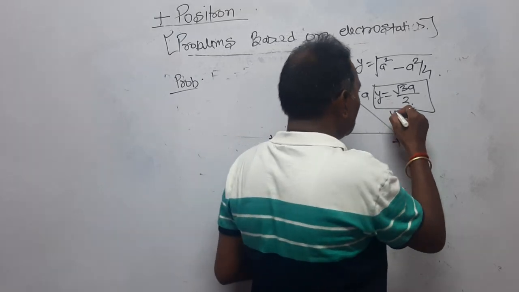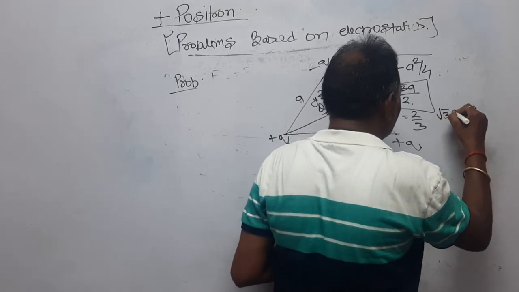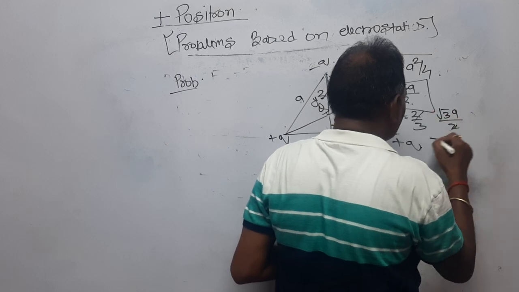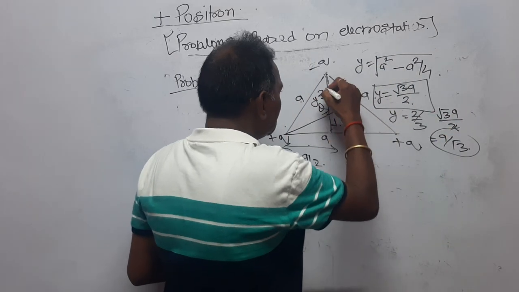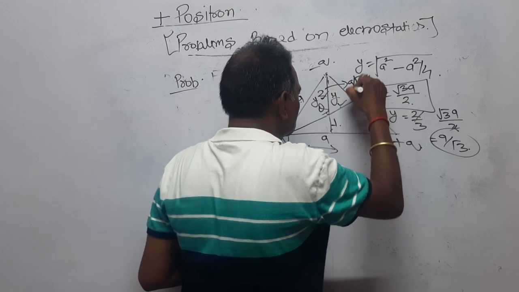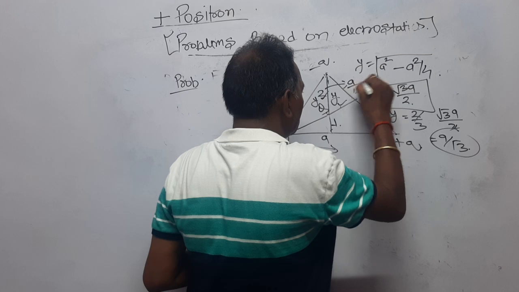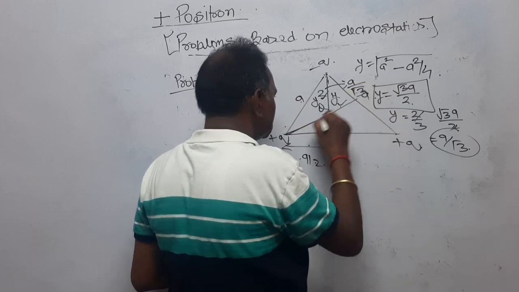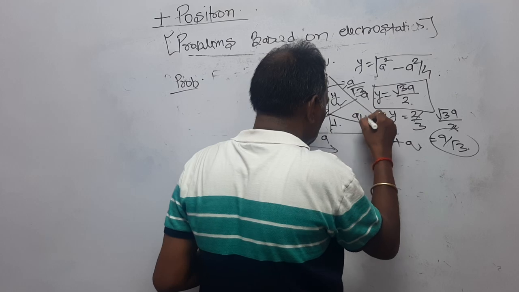That is y1 is equal to 2 by 3 of the total distance root 3 a by 2. 2 will be cancelled. That is a by root 3. This is a by root 3. This is also a by root 3, and this is also a by root 3.